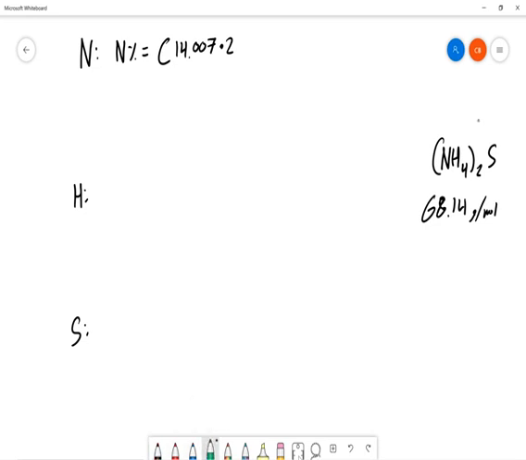And that 2 is coming from 2 outside of the ammonium ion, saying that we have 2 of this whole thing divided by the mass of the entire compound times 100. And let's see what I get. 14.007 times 2 divided by 68.14.